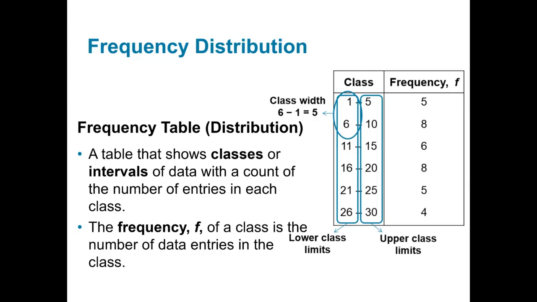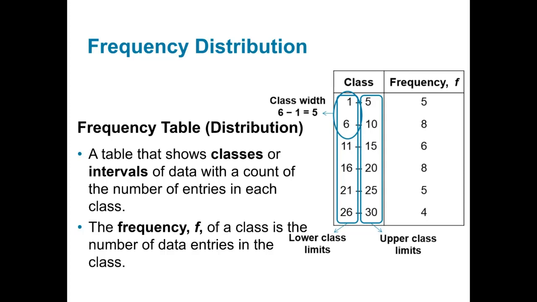So instead of seeing a long list with a bunch of individual numbers, now we're grouping them together so we can see that most everybody for whatever this data set represents falls between 16 to 20 and 6 to 10. That's where most everybody is going to fall, right? So that's really the advantage of combining this data like this. It's going to help us see where most of our data values fall.